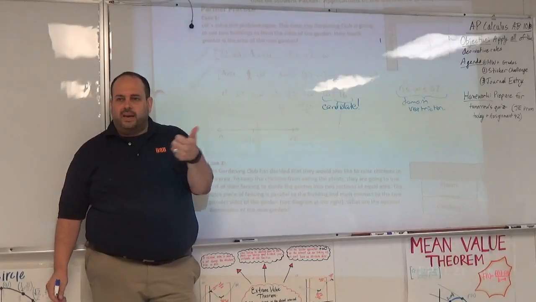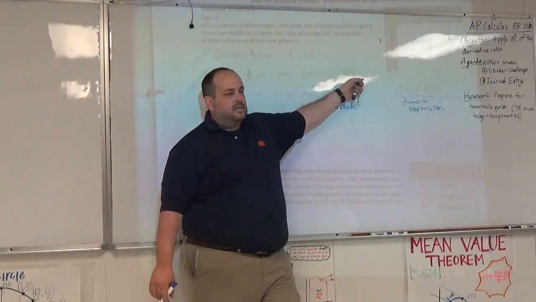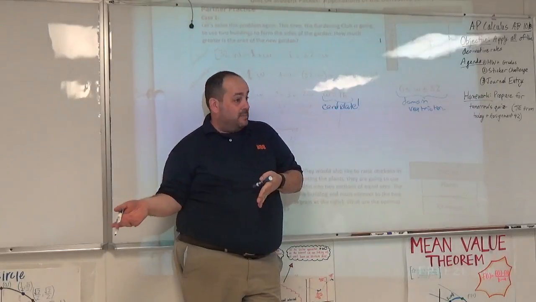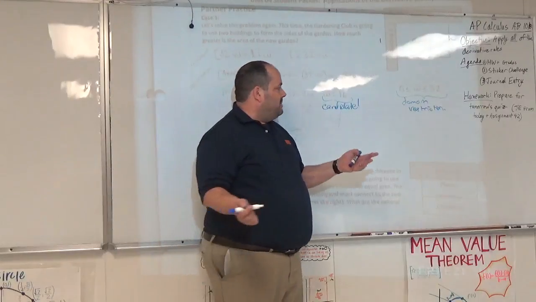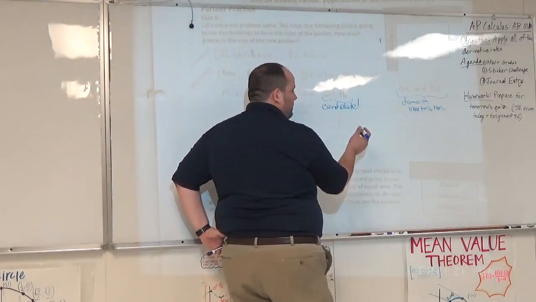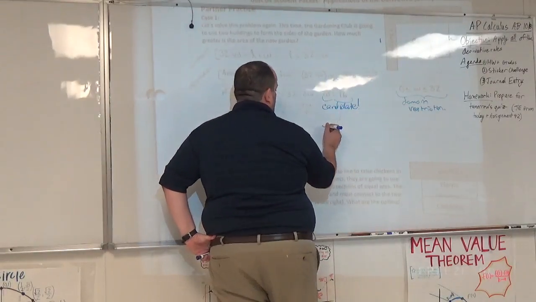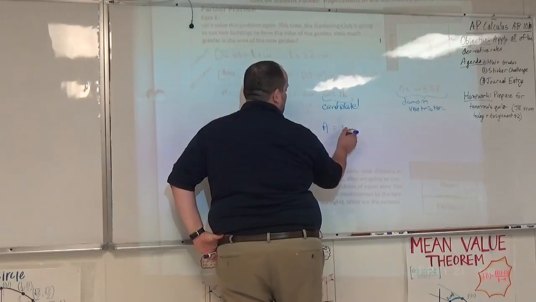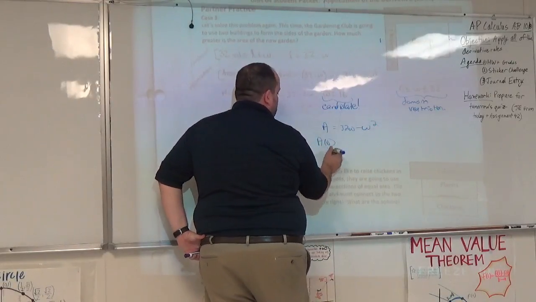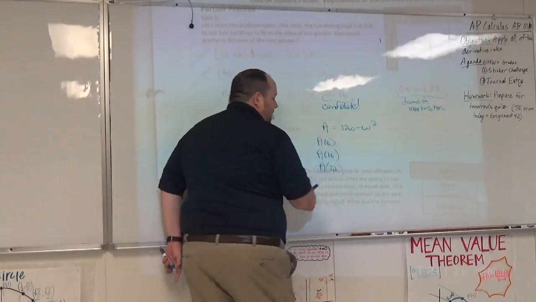So we've got a continuous function, right? A is a continuous function. We've got a closed interval. Last time we did the number line argument. Did anybody just plug everything in? So if the area is 32w minus w squared, my question is, did anybody just say, let me plug in all these numbers and see what happens?